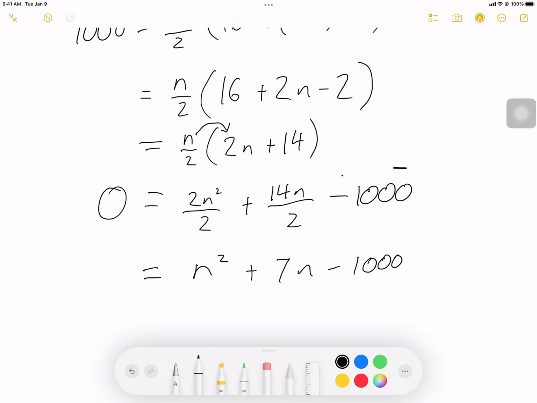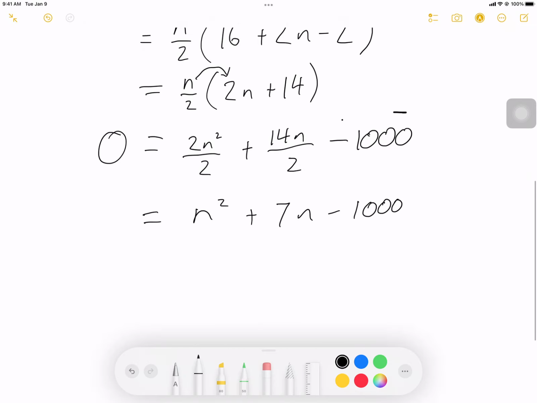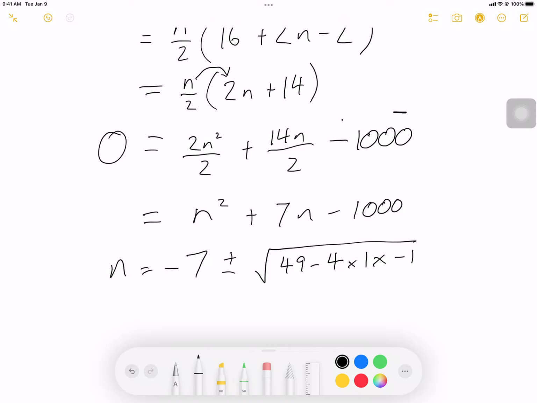I'm going to want to go n equals negative 7 plus or minus the square root of 7 squared is 49 minus 4 times 1, being the a, times negative 1,000.